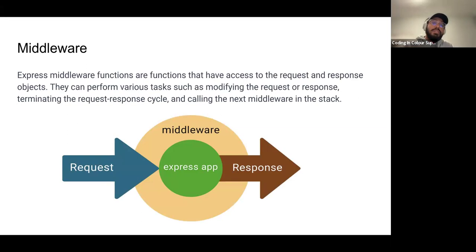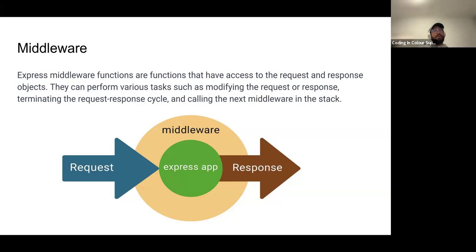So this is something that's very important. We will have a whole lecture on middleware, but the idea is that you're able to modify all these requests and responses with the server.